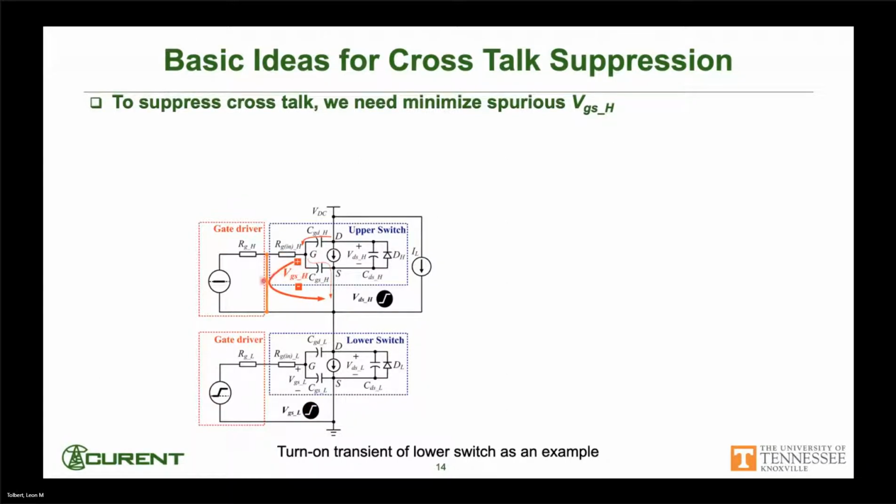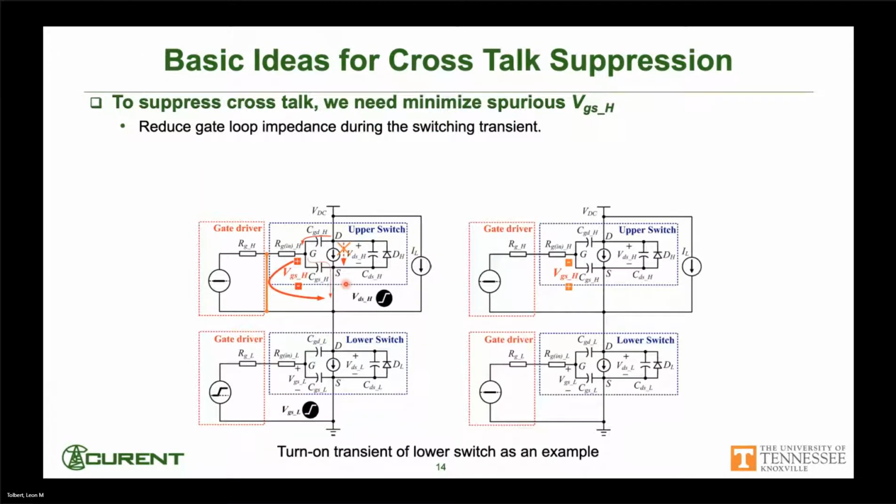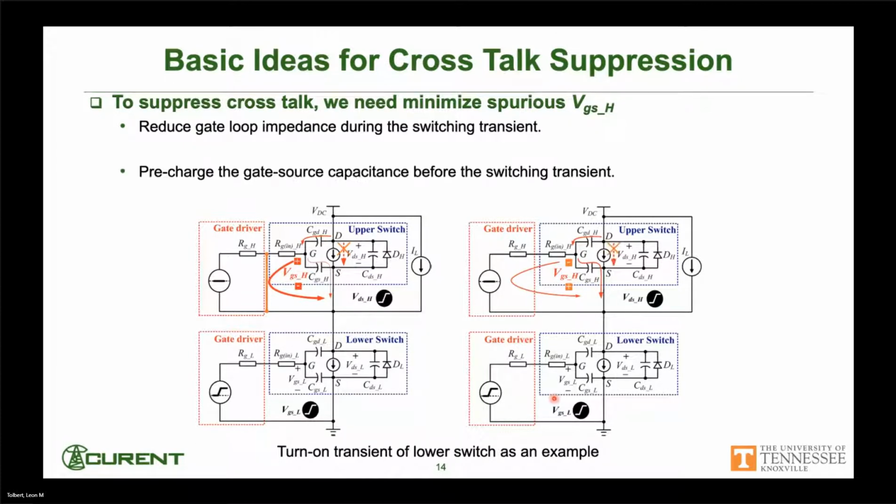And so as we turn this off up here, and basically we're putting this voltage to 0 so that this device turns off, we don't want to end up with some high voltage across it here. And so some of the things that we can do are to try to not have all of this extra current go through here.